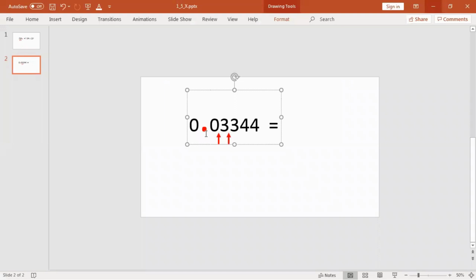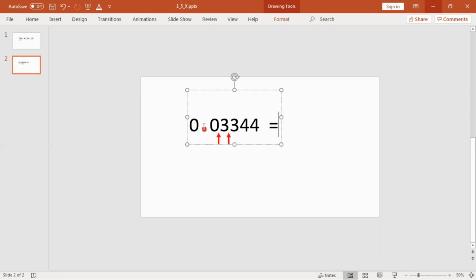So the goal is to form the mantissa. So we take the decimal formatted number and we move the decimal point. In this case, where the number to the left of the decimal point is 0, we start trying to move the decimal point to the right to be able to form the mantissa.